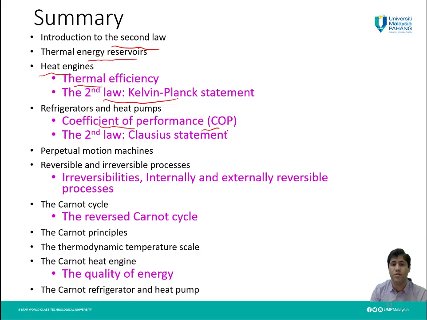I introduced the COP, and discussed perpetual motion machines, and we found that it is not possible to have such machines. I introduced reversible cycles and processes, and we learned what irreversibilities are and what the reasons are for having an irreversible process.